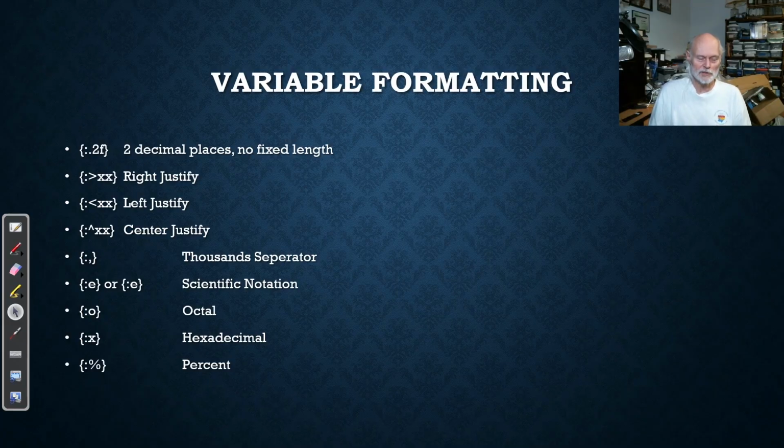I can put a comma to insert thousand separators. Again, the E for scientific notation. If I want base 8 notation, an O, an X for hexadecimal, and I can do a percent as well. So I've got a number of different formatting options, most of which I don't use very often.